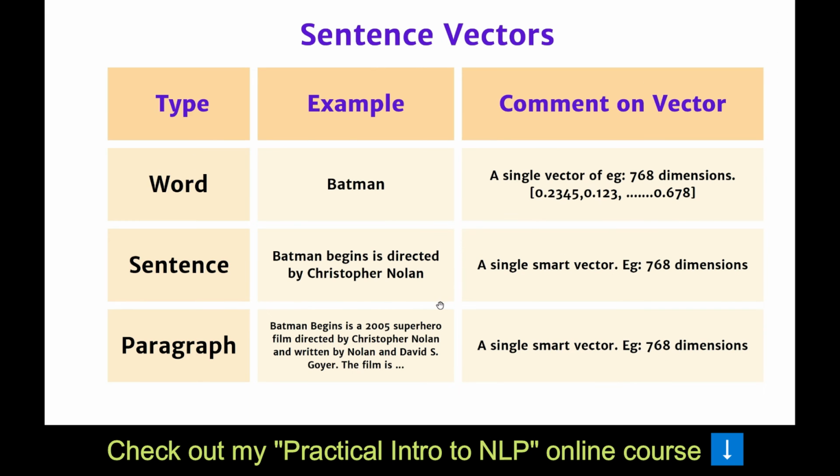So sentence vector essentially solves that problem, where although it is termed as sentence vector, you can just give an individual word or just a phrase even and get a vector out of it. For example, you can just give a single word like Batman and get a vector, or you can give multiple words like Donald Trump or Joe Biden, etc. and also get a vector, or you can give a sentence and a whole paragraph and get a vector.